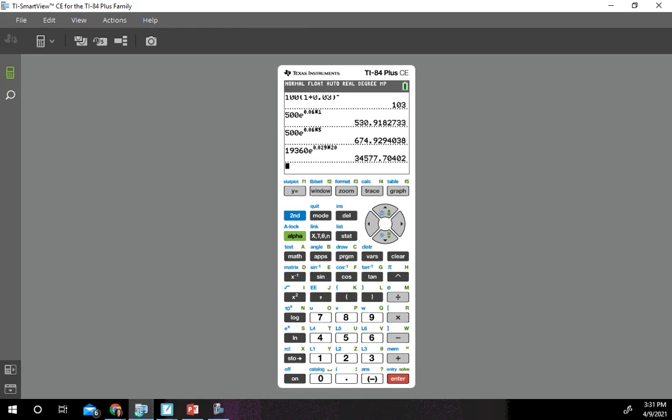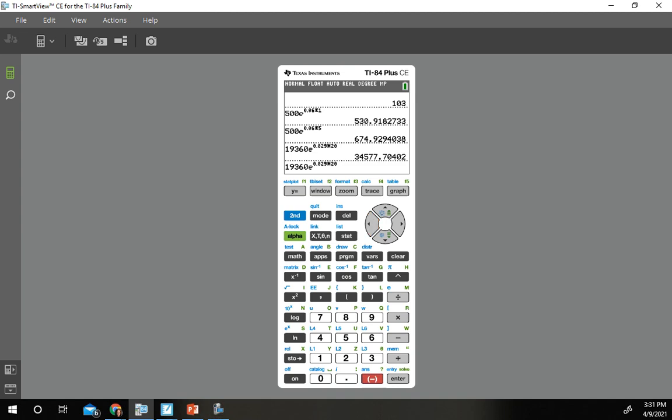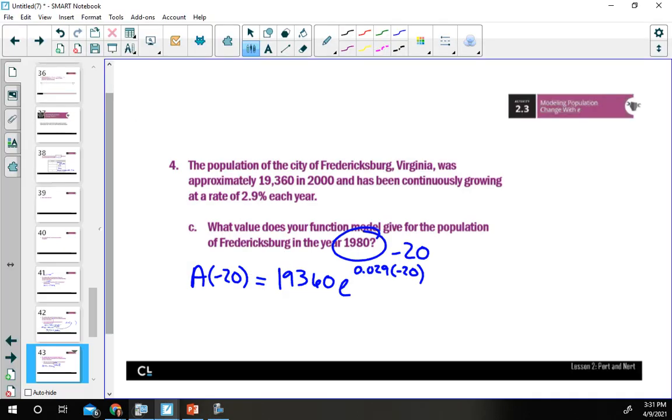So I'm going to go up, steal this equation here. I'm going to change this to a negative 20. So around 10,839 people. Notice I'm labeling the people, so I actually know what I'm talking about here. Okay, so there'll be about 10,000 people in 1980.